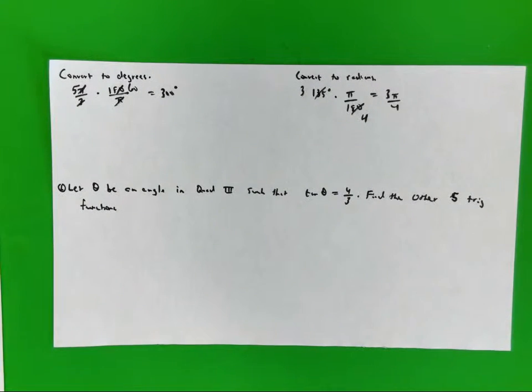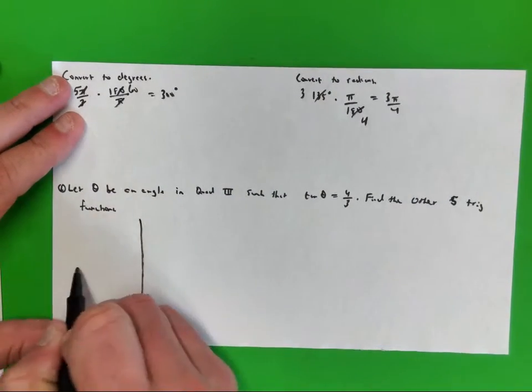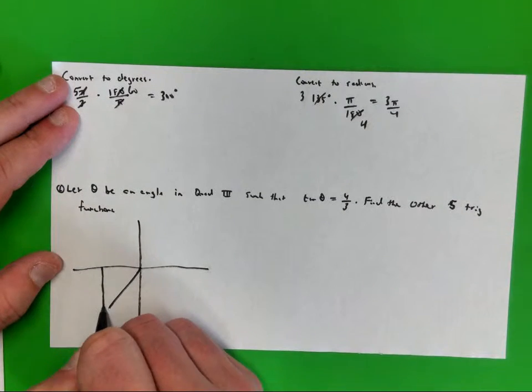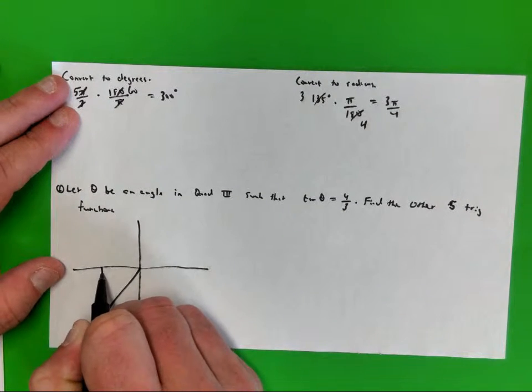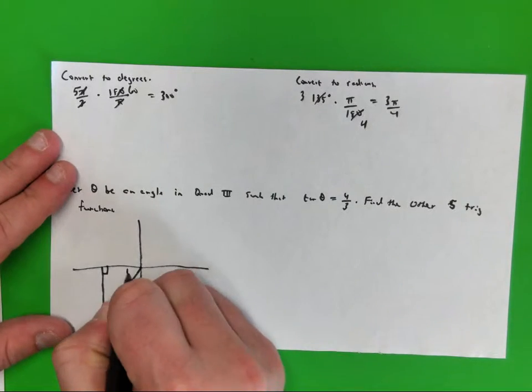Let theta be an angle in quad 3, such that tangent of theta equals 4/3. Find the other 5 trig functions. Okay. This is really easy. Don't miss this. Draw your coordinate plane. This is quad 3. Remember, draw your triangle. Your theta always goes right here at the origin.